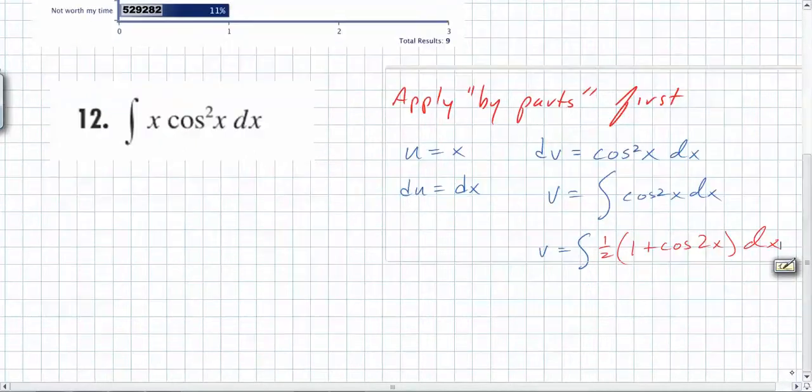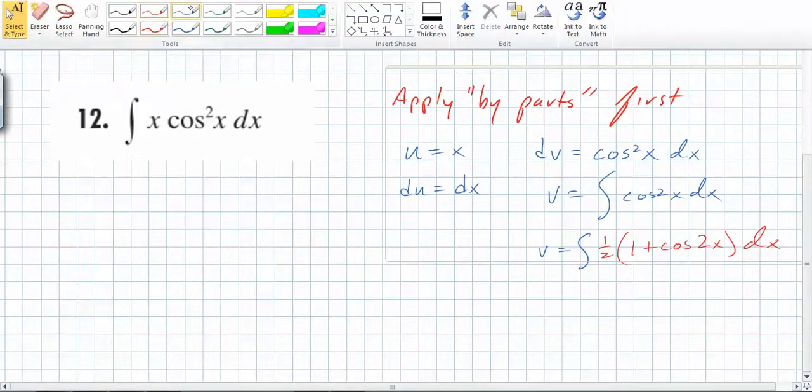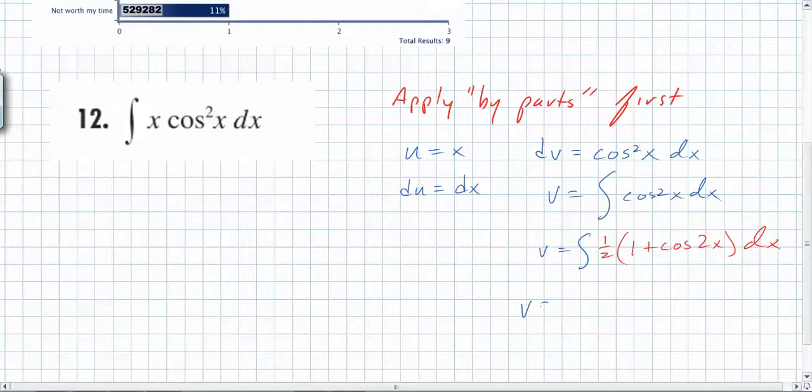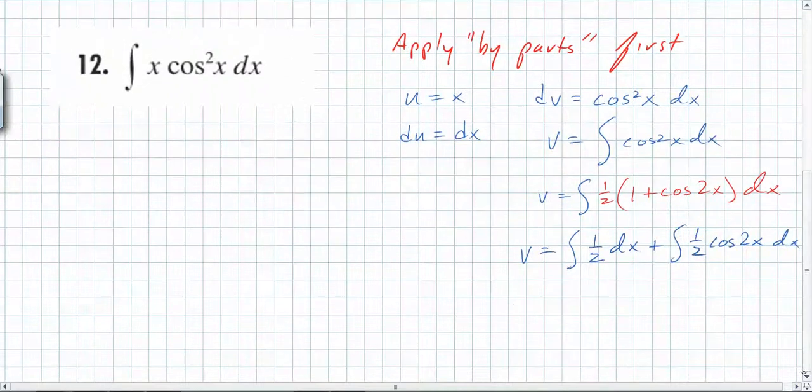We're in a position, can we actually find out what v is? Yes, say yes. Because now we have the integral of 1/2 dx plus the integral of 1/2 cosine of 2x dx.